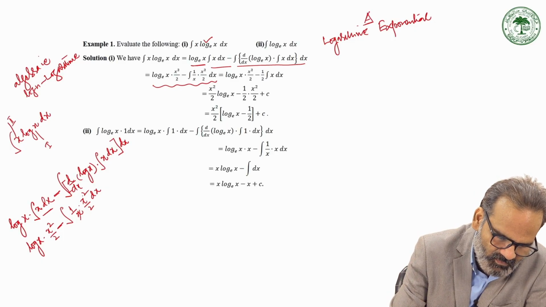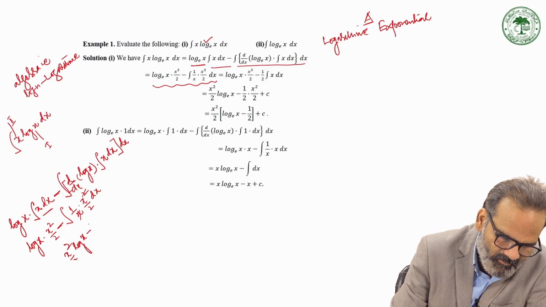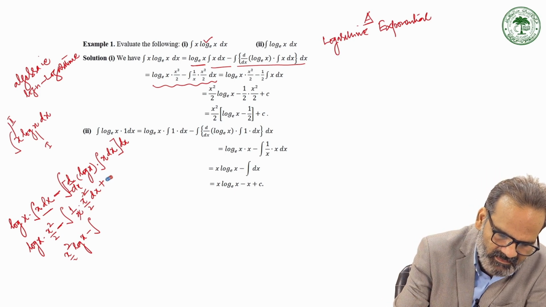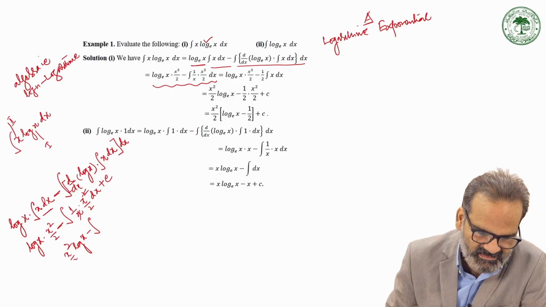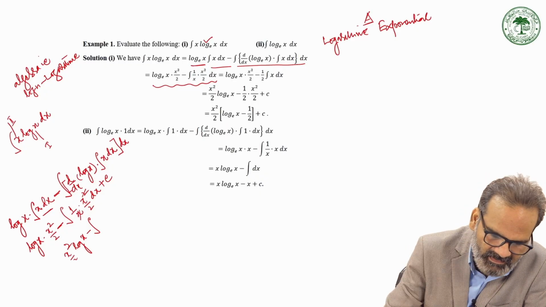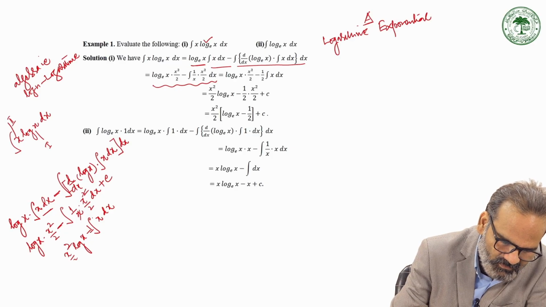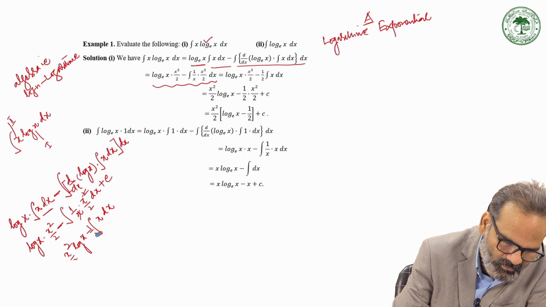So what is left here? 1 upon x will cancel out with x, and you will get x square by 2 of log x minus, plus a constant c. We are taking c throughout, so we will take c here also. What is left here is x dx, and this 2 we can write outside, so 1 upon 2 of this.